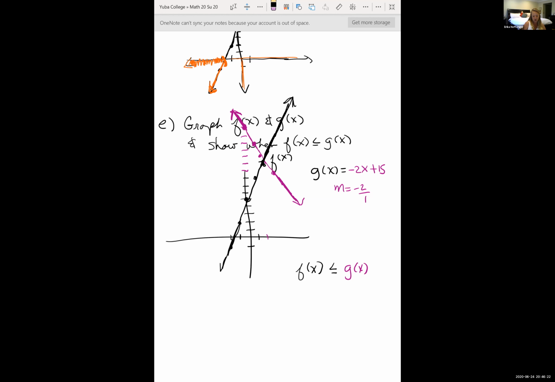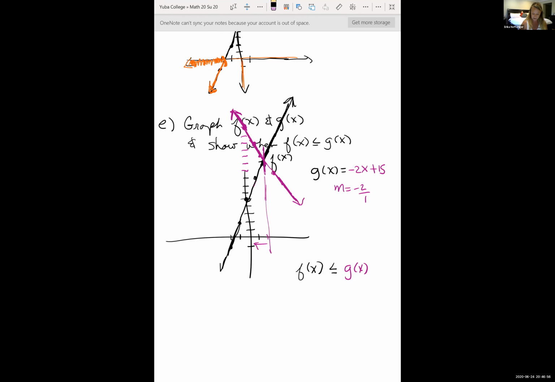Basically we're trying to figure out when this pink piece, or purple, whatever color you want to call that, is above the graph of the other one. We're going to find where they intersect. And this pink piece is above the black piece, meaning the y values are bigger, when x is in this direction.